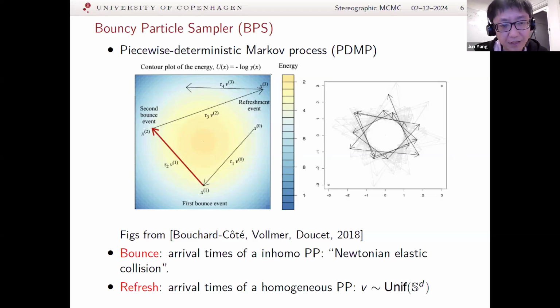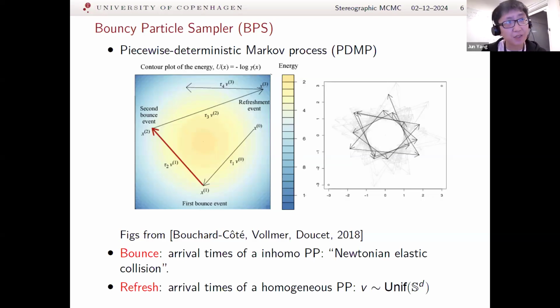For this refreshment event, we simulate arrival times of a homogeneous Poisson process with a constant rate parameter, which is another new tuning parameter. This is just to make sure this Markov process is ergodic. That's the basic reason. So this is basically the algorithm.